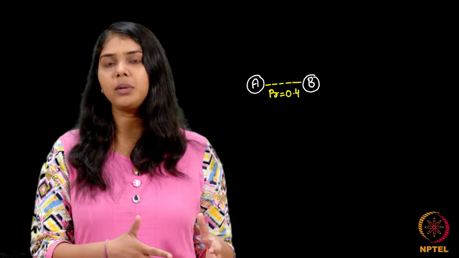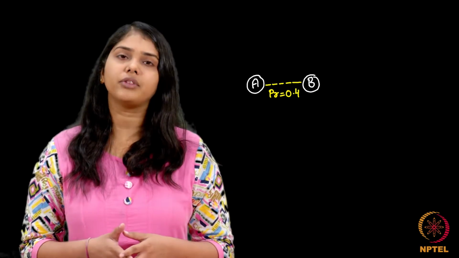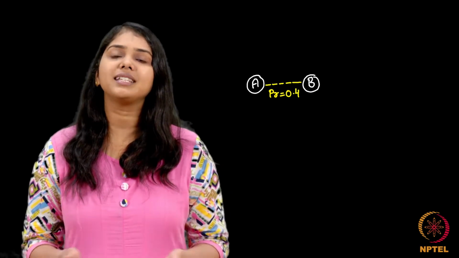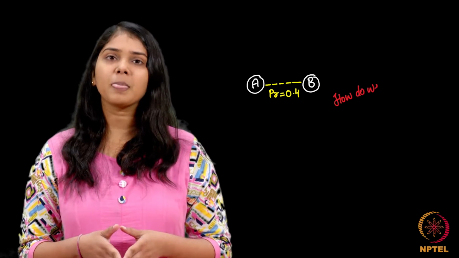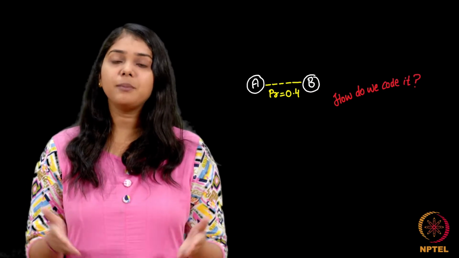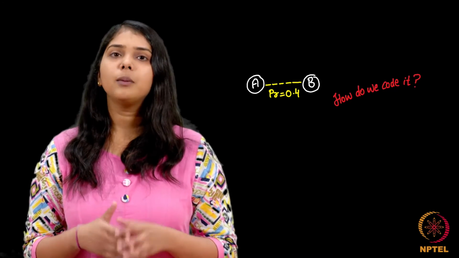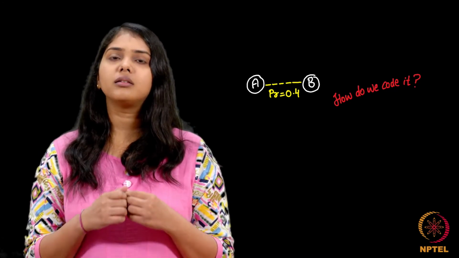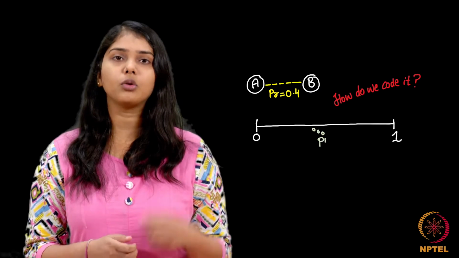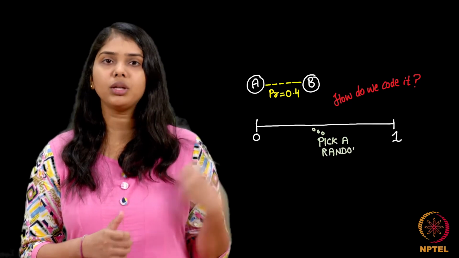So there is a 40% chance that A and B become friends and a 60% chance that they do not become friends. How do we implement this in our coding? This random package helps us do this. Assume I pick a random real number from a number line from 0 to 1, as shown here.